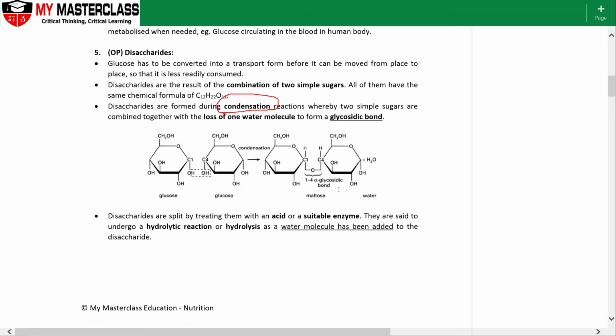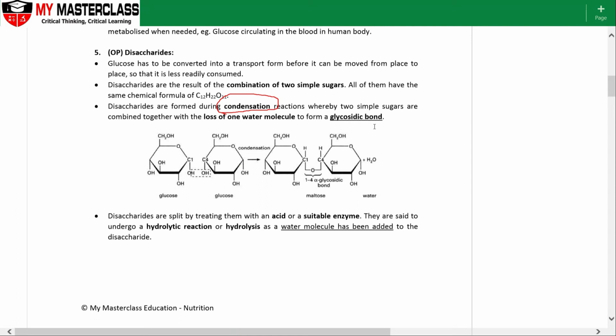Okay, now glycosidic bond is more for IP students, so those doing pure or combined don't have to worry too much about this. Now, if let's say I have got a maltose and I want to break it down into glucose, to be digested, this can also be done. So it's a reversible reaction with a suitable enzyme, but in the opposite reaction, you have to add back a water molecule.